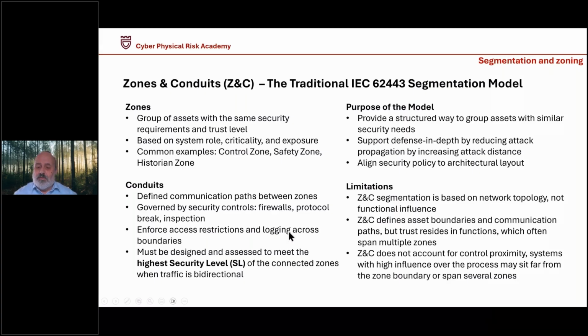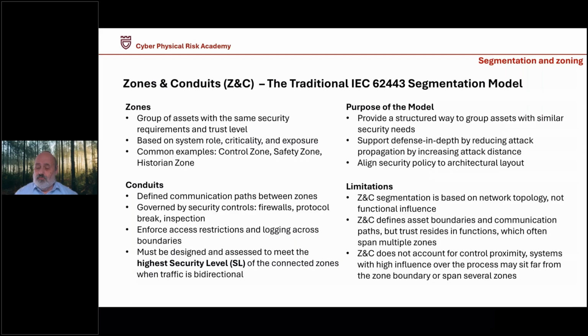Well, segmentation, like we already said, is based on network topology. It doesn't really look at functional influence in itself. So I can have, for example, an operator station at level 2 in a supervisory equipment zone, and I can have a controller at level 1 in maybe a control zone.